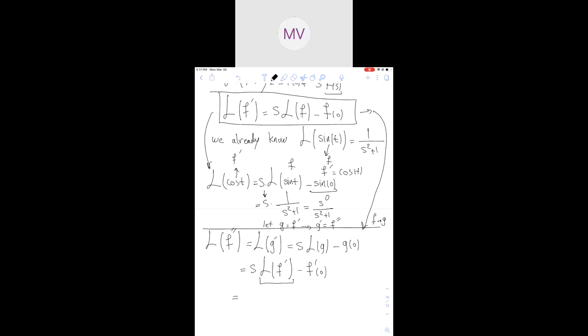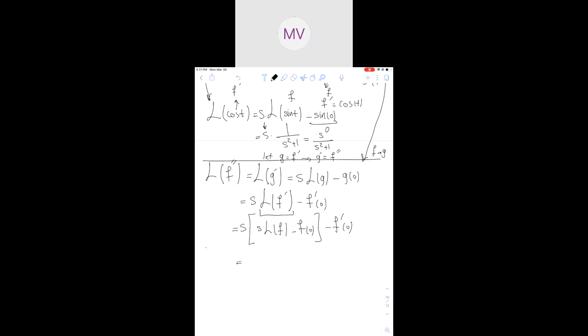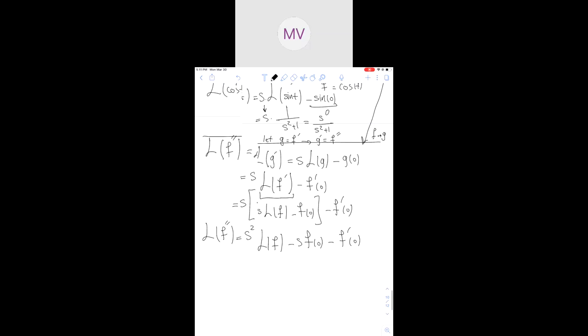Now I'm going to replace this with the formula of itself. So this is going to be s times, s Laplace of f minus f of 0, minus f prime at 0. Distribute and you get this. So Laplace of f double prime is s squared Laplace of f minus s f of 0 minus f prime of 0.